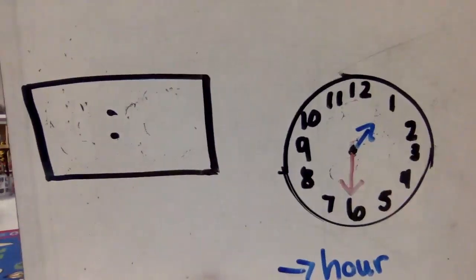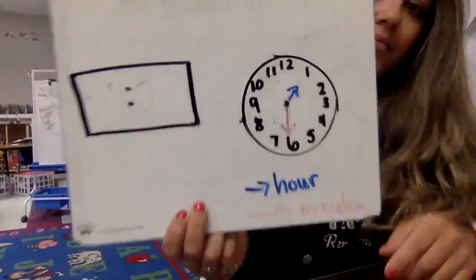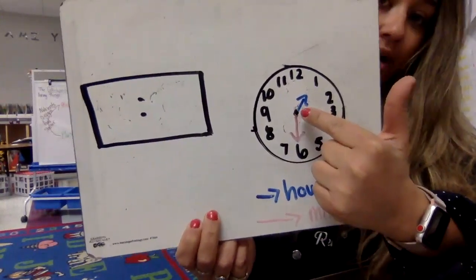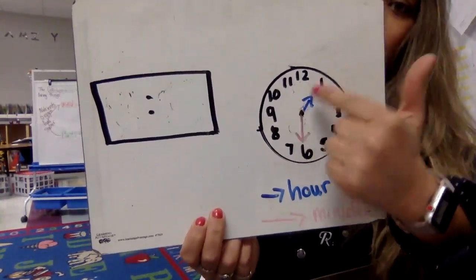What time does this say? 1:30. You always look at that short hand first. It points to the hour. 1:30.